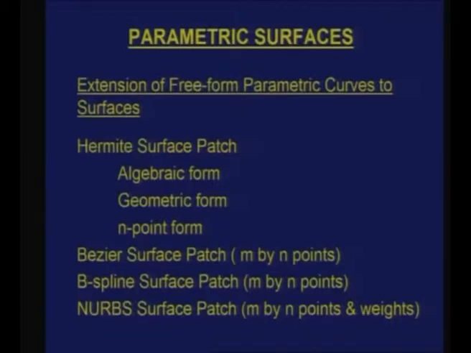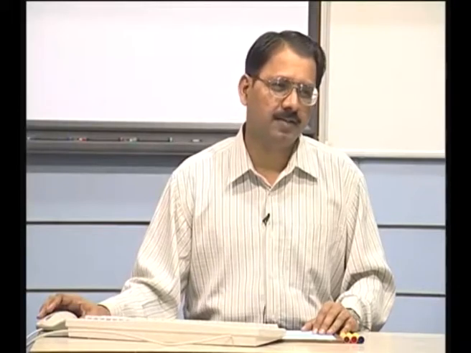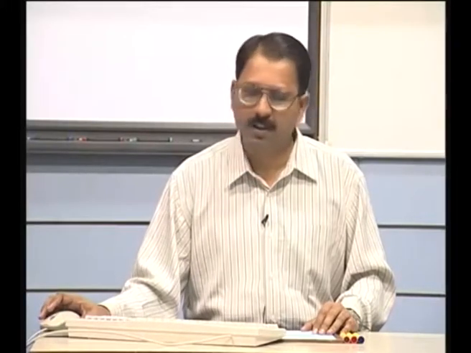Same is true with the B-spline surface patch, where you define m by n points, but the order is defined separately by giving a value of k, as we used in B-spline curves. Here we use two values, k and l, and similarly the NURBS surface patch, where you not only give control points but also associate weights with them. So, let us look at these forms today.